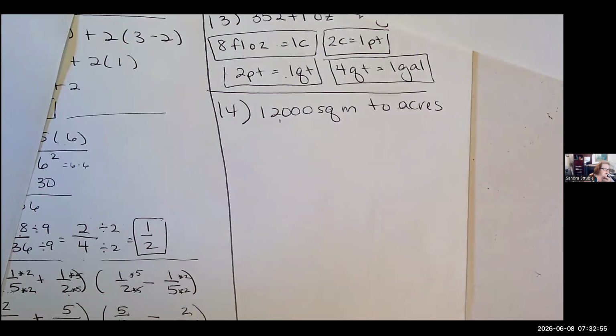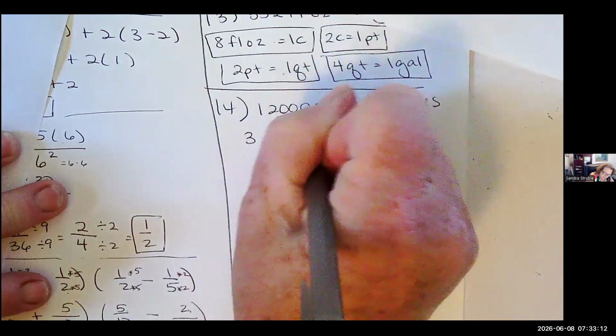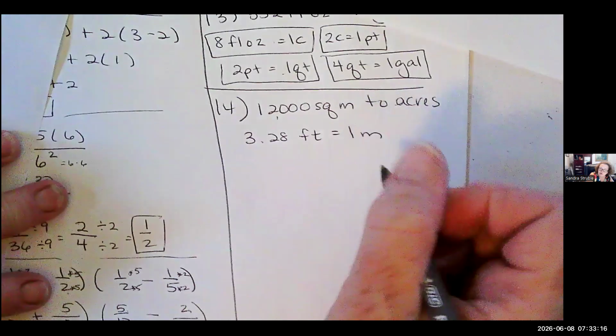1 acre is 43,560 square feet. So yeah, we're going to want to do the one for 3.28 feet is 1 meter. And then we're going to go ahead and change that to square feet and square meters.